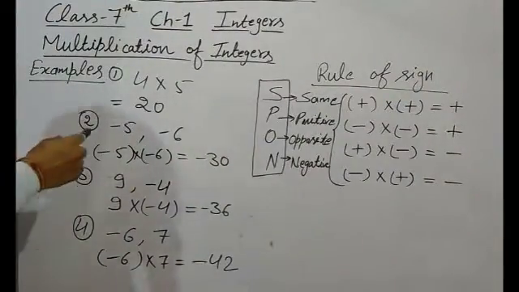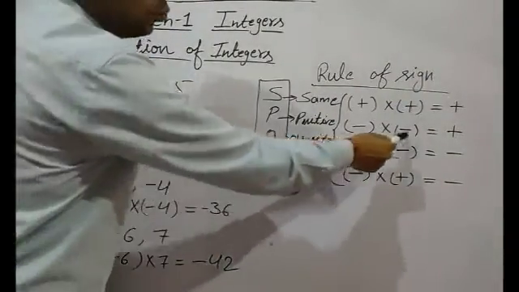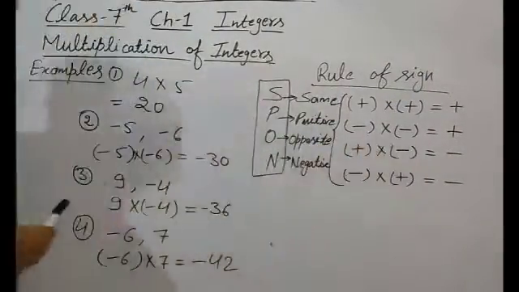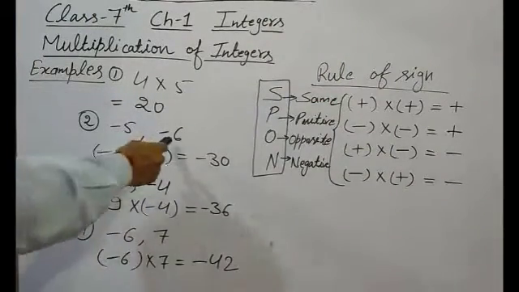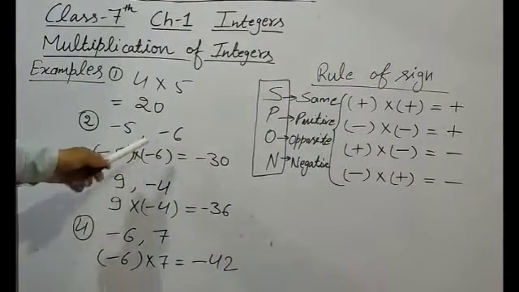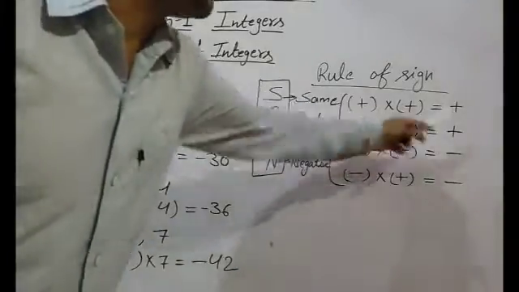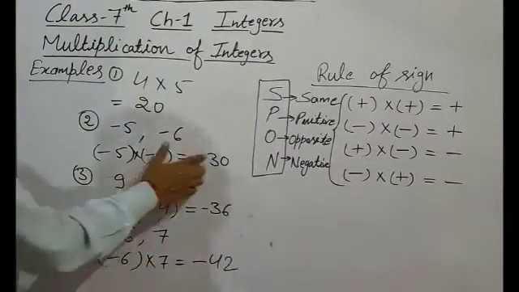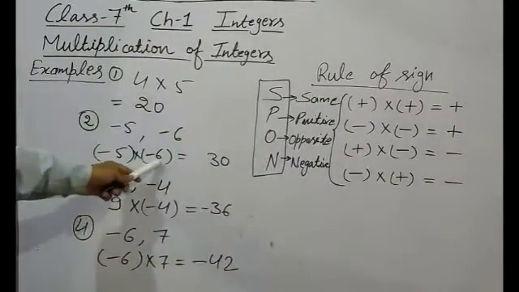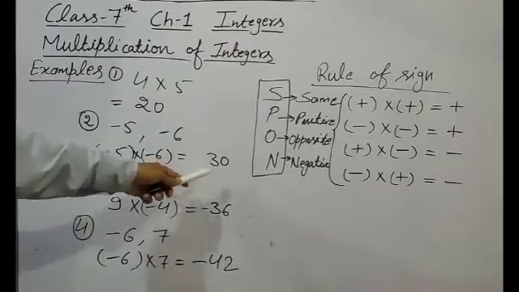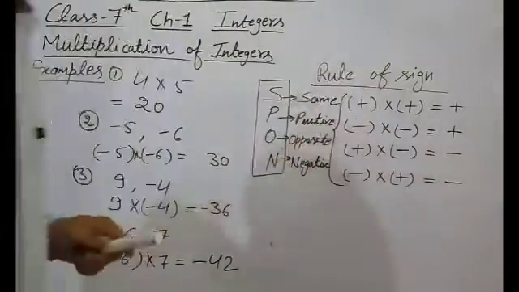The next example, we take two negative integers. Here is minus 5 and here is minus 6. After multiply, minus into minus is equal to plus. 5 times 6 is 30, so positive 30, because minus into minus is equal to plus.